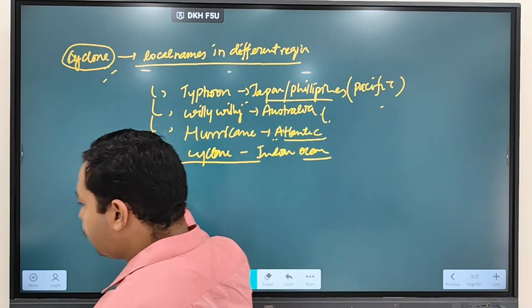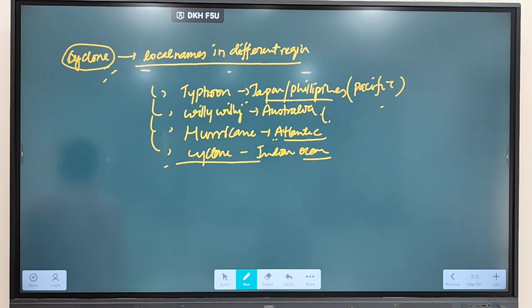Fine. So different local names are given. In the Indian Ocean, when they are originating, they are referred to as cyclones. In the Atlantic Ocean, it is called hurricane. In Australia, it is referred to as willy willies.